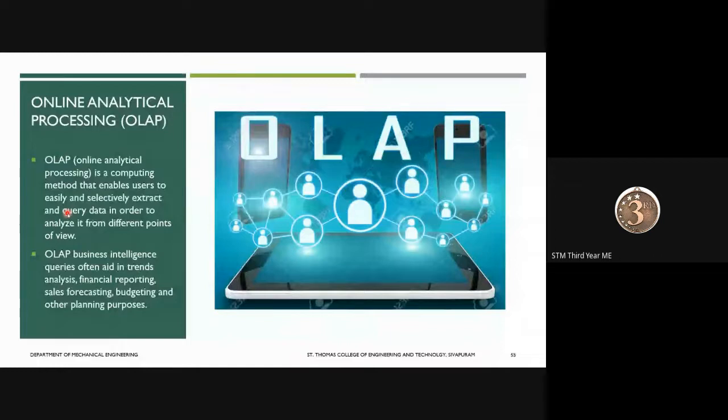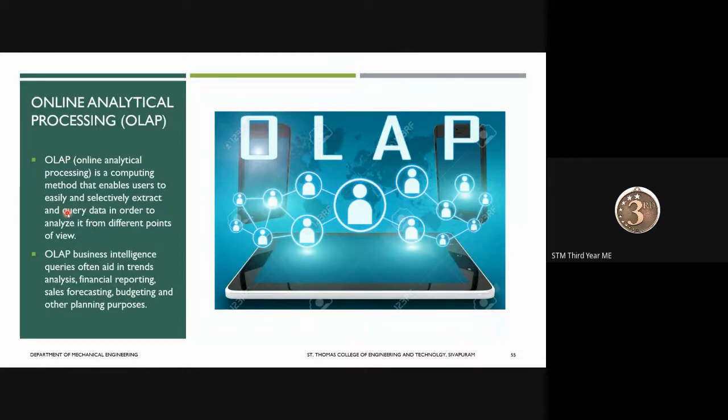Then if you need a particular time or a particular operation, you give the heading of that operation, or mention the time of that operation, and you will get the data regarding that time or that particular name. So this is what is known as online analytical processing.